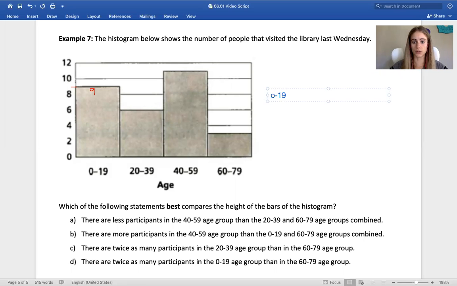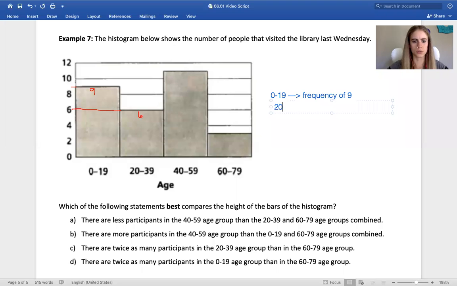So for the 0 to 19 category, it looks like it has a frequency of 9. Now for the 20 to 39 age group, it's a little hard to read, but I think it's 6.